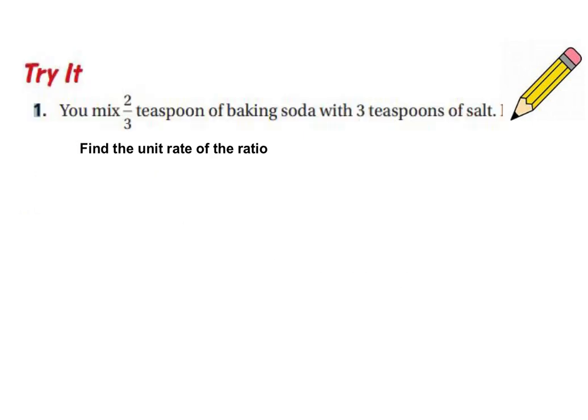Now you try it. You mix 2/3 teaspoons of baking soda with 3 teaspoons of salt. Find the unit rate of the ratio. So let's write this one as a complex fraction. 2/3 over 3. That is really just 2/3 divided by 3.